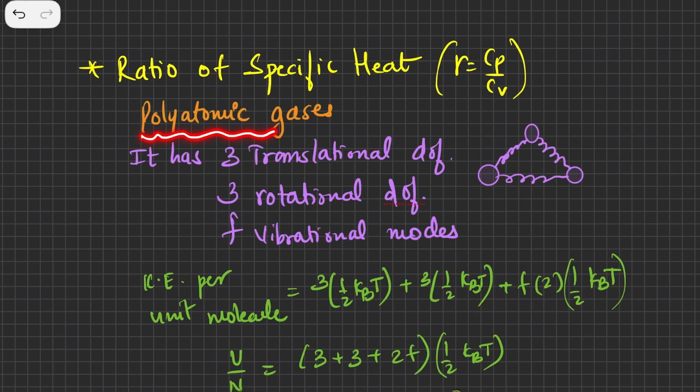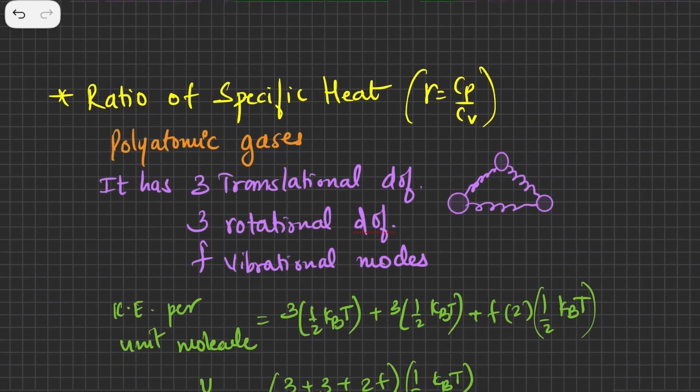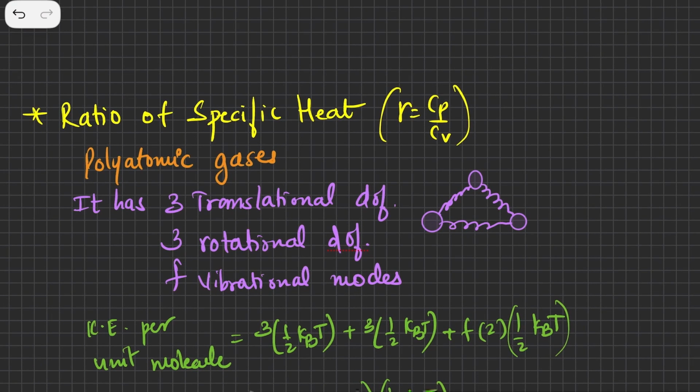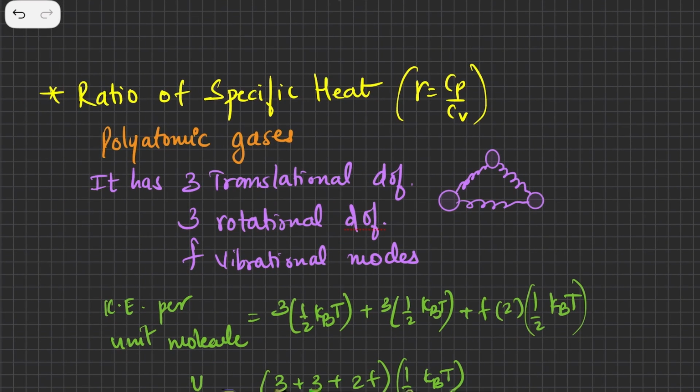So this is a polyatomic gas, like there will be more than 2 atoms in a molecule. So let's say this is one atom, this is another atom, and this is the third atom, and they are connected between them in a bond. You'll say, so why are we not doing here rigid and non-rigid? Because if the number of atoms in a molecule exceeds 2, then the molecules do not behave like a rigid rotator.